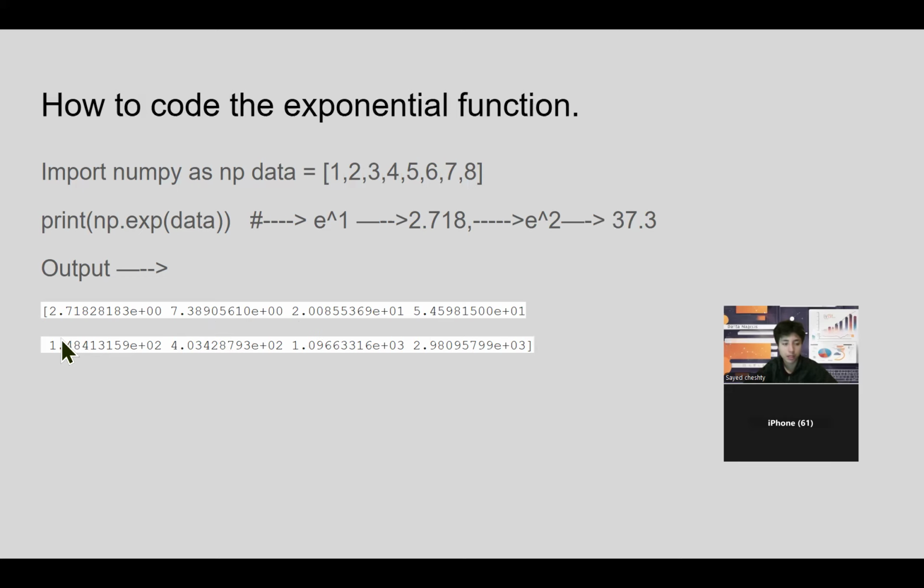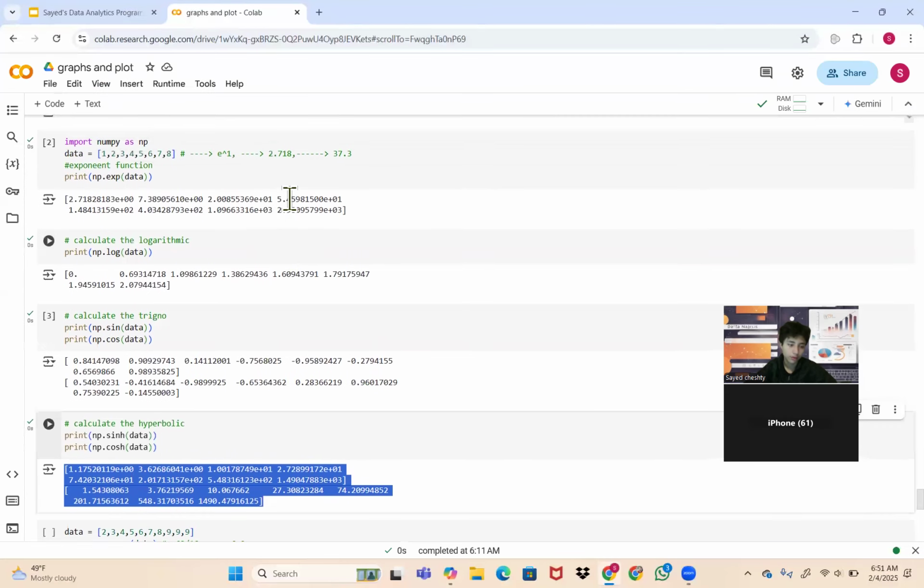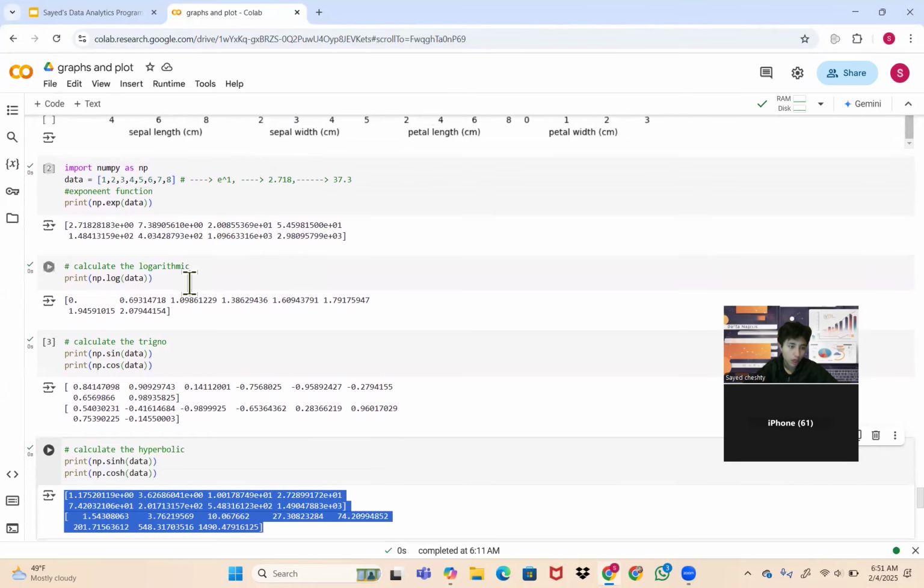Over here, it says 2.7, 7.4 and so on, but these are all the answers, and there's more. So that's how it works. I also calculated here how we can import it, and that's what we get.